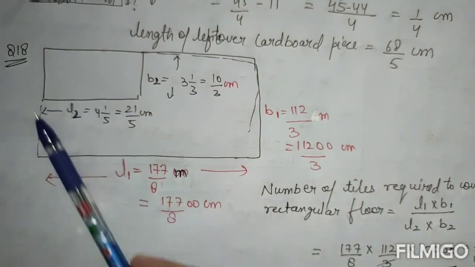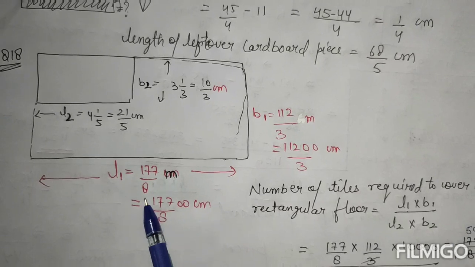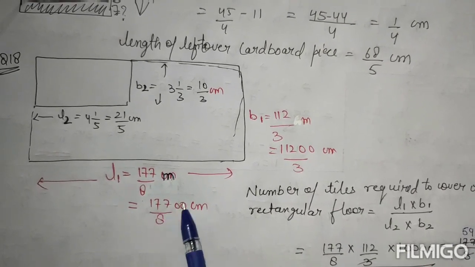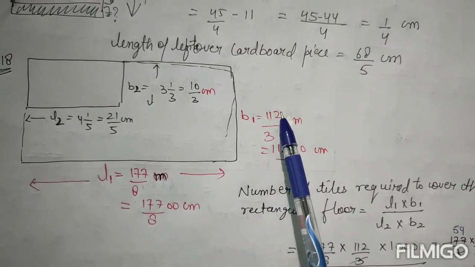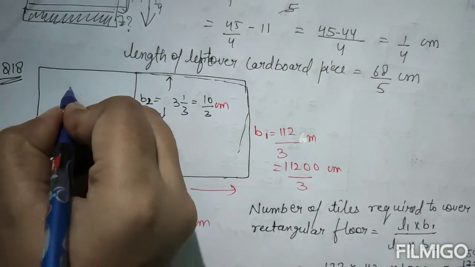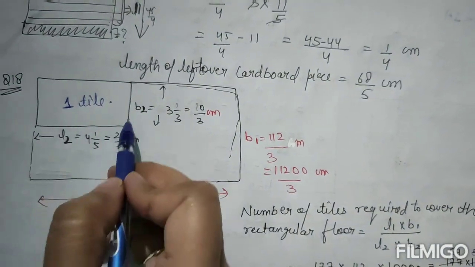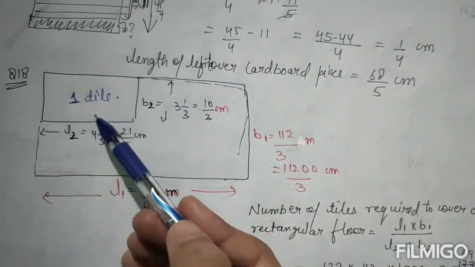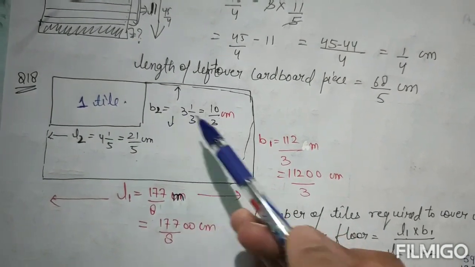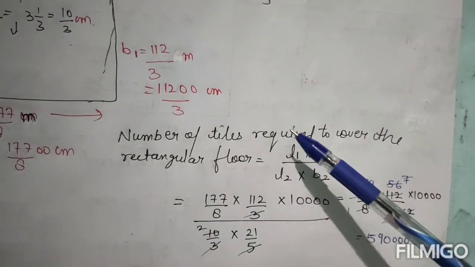So look, this is the whole rectangular floor whose length is 177/8 meter, and changed to centimeter it will be 177/8 times 100. Similarly for breadth, and this is the dimension of one tile. So the dimension of one tile is length 21/5 centimeter and breadth 10/3 centimeter. Now you have to find the number of tiles required.